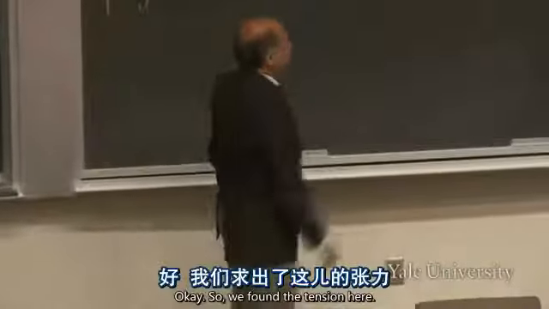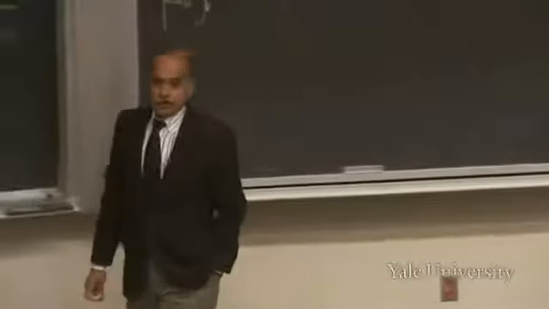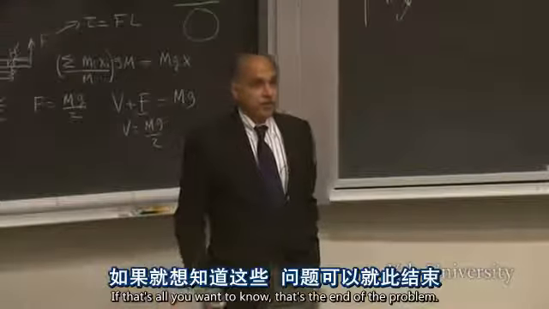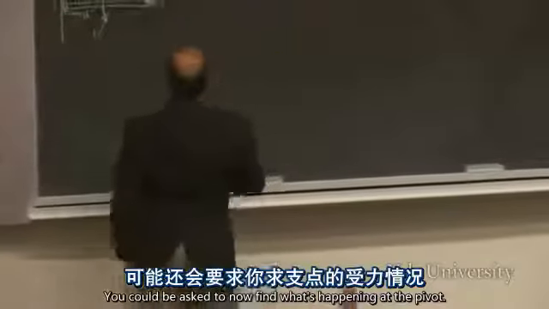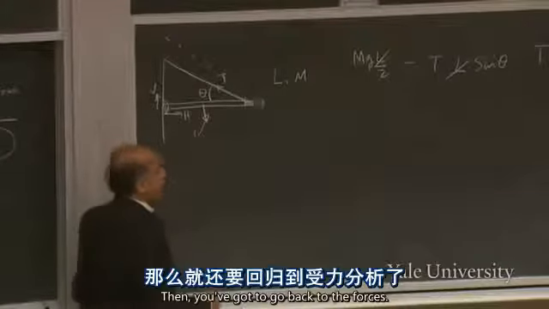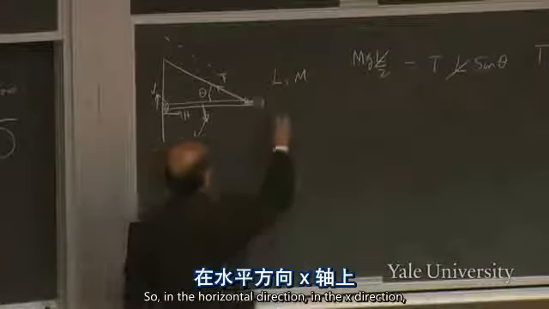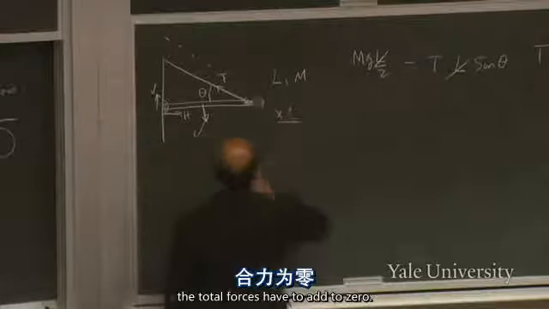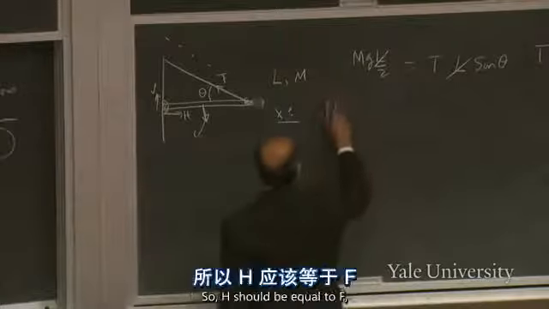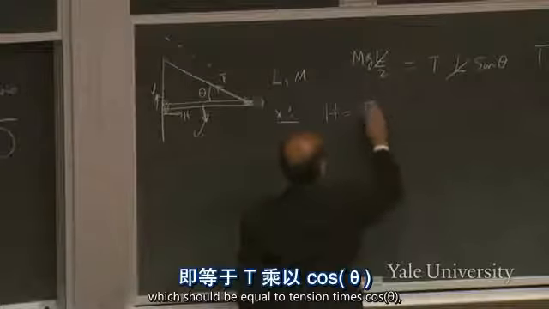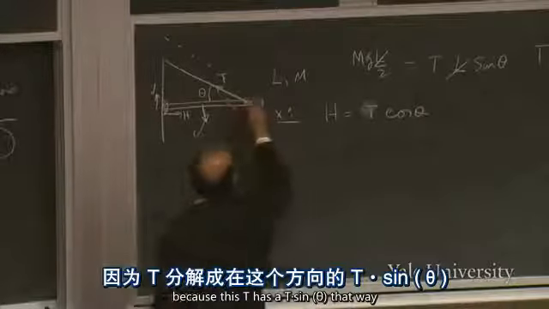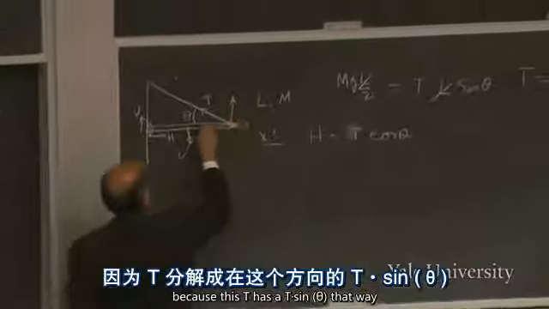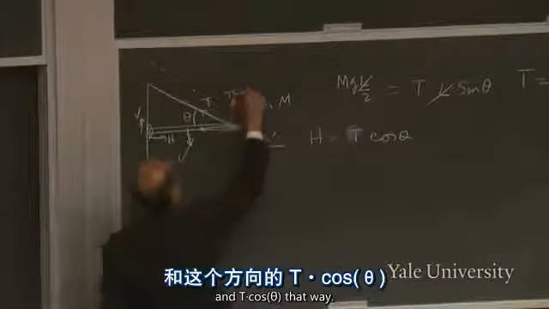Okay, so we found the tension here. If that's all you want to know, that's the end of the problem. You got the tension. But you may be asked to do more. You could be asked to find what's happening at the pivot. Then you have to go back to the forces. In the horizontal direction, the x direction, the total forces have to add to 0. So H should be equal to F, which should be equal to tension times cosine theta, because this T has a T sine theta that way and a T cosine theta that way.